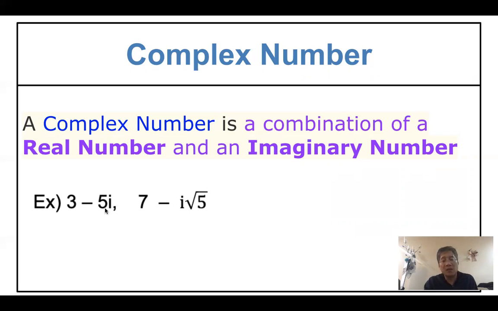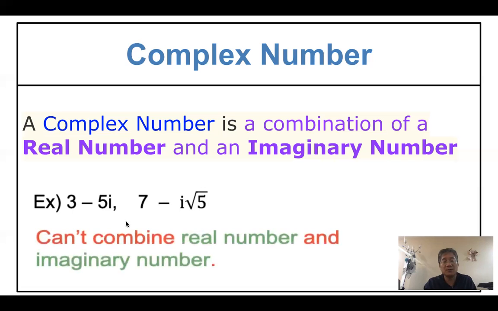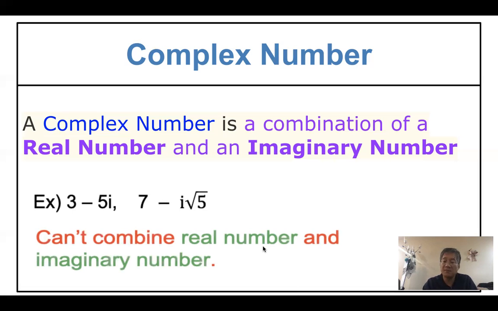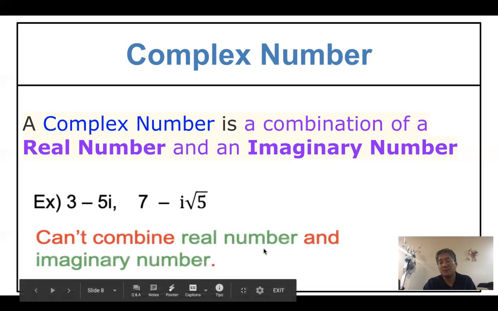Anyway, this is a real number, this is an imaginary number. Real number, imaginary number, you cannot combine, all right? You should keep it like this. So you cannot combine a real number and an imaginary number. Just leave it like this. You can combine real numbers. You can combine imaginary numbers. But you cannot combine a real number and an imaginary number.